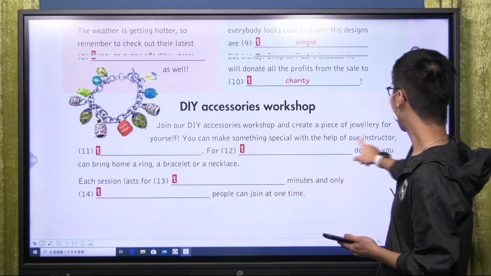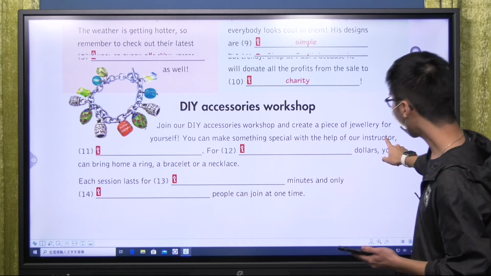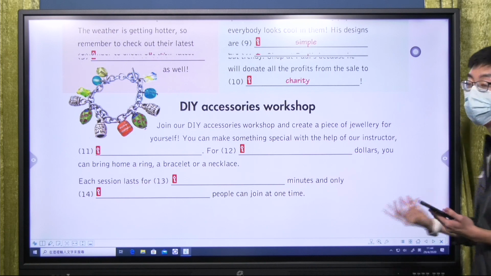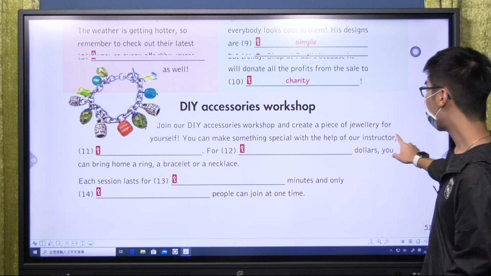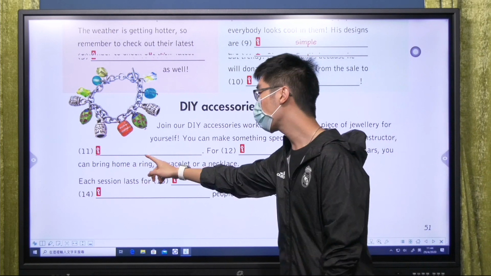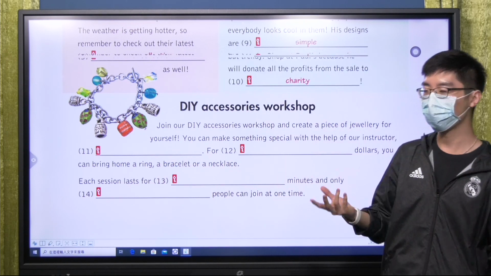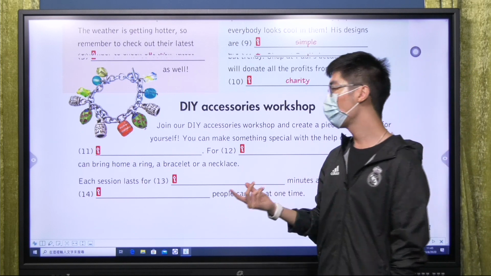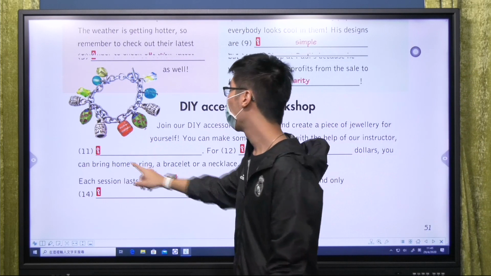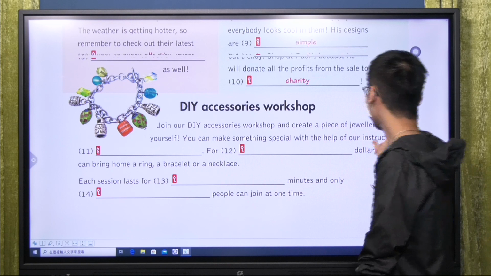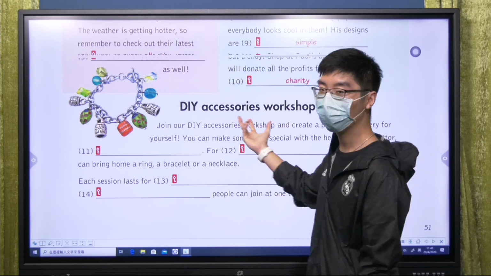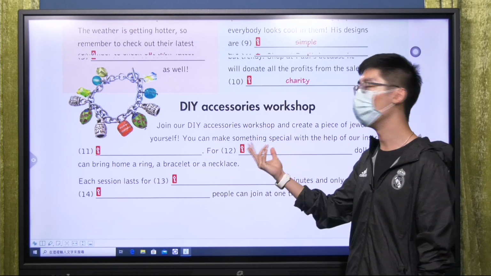For our instructor, okay, an instructor. We can see a comma right here. Usually after the comma we are told the name of the instructor. So we need to be careful to find out the name of the instructor or the shop owner, as mentioned in the data file, okay?